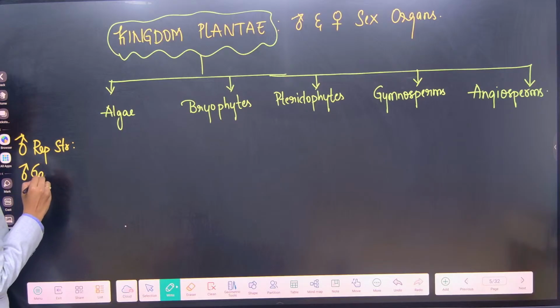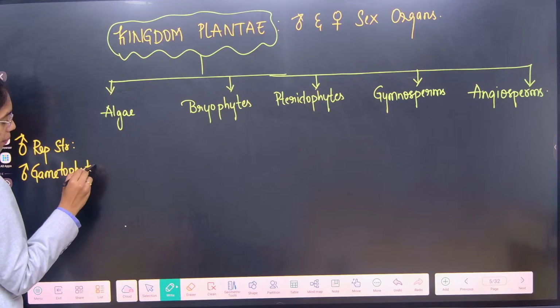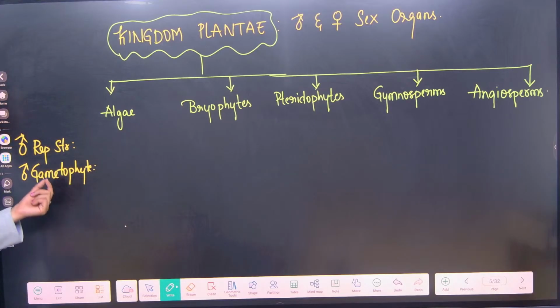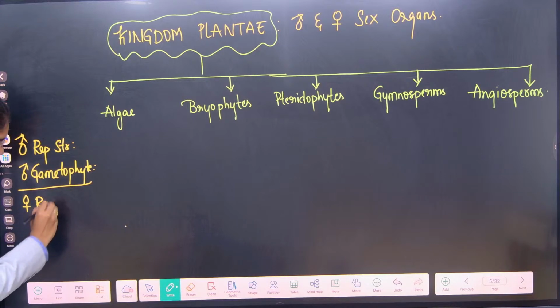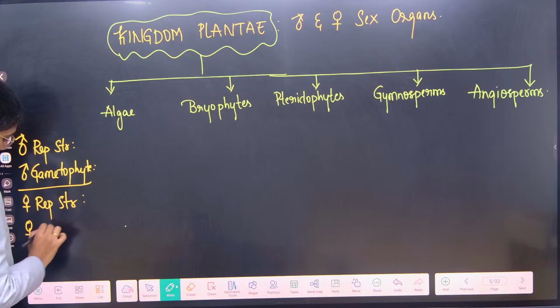What is male gametophyte? The male gamete bearing plant body is known as male gametophyte. Next, female reproductive structure and female gametophyte.